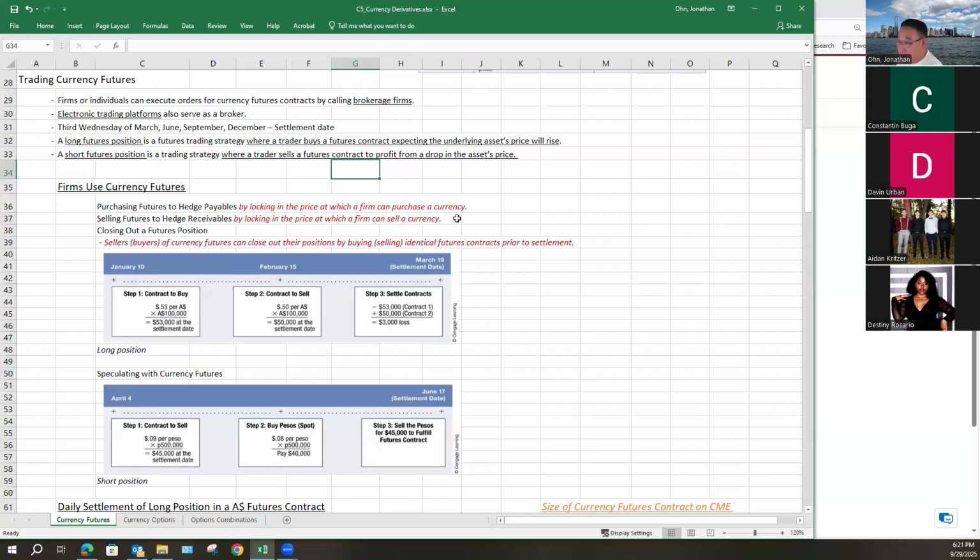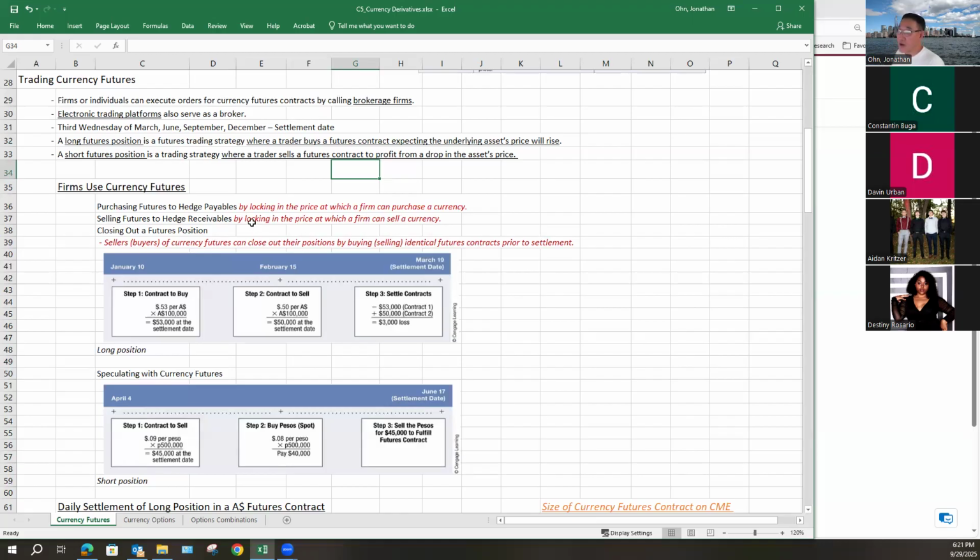So when you expect 1 million euros in 3 months, because of the uncertainty and the exchange rate risk, you sell a futures contract so that you can sell this currency, the 1 million euros, in 3 months at a sure price, right?